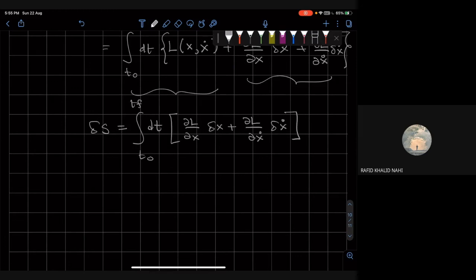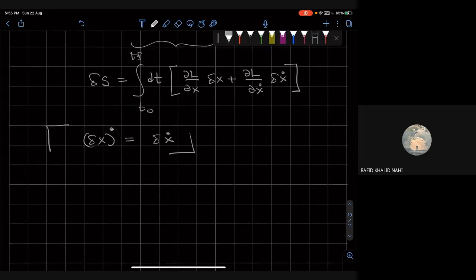Now I'm going to use something which I'll prove afterwards: if I take delta x and its time derivative, that's the same thing as taking the variation of x dot. In other words, the variation and time derivative commute.